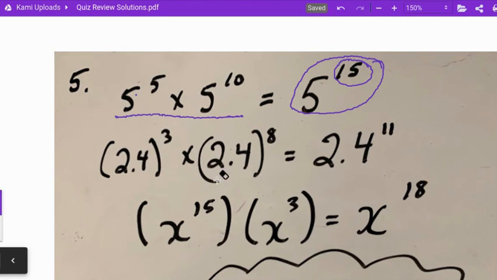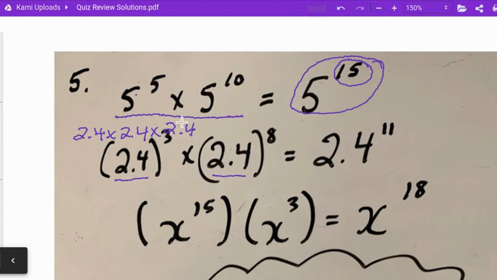The next question is similar, except instead of a nice friendly number like 5 as our base, we have 2.4 as our base. But it doesn't change anything. We still have 2.4 multiplied by itself 3 times right here. 2.4 times 2.4 times 2.4. It doesn't matter what the base is, as long as we're multiplying 2 powers with the same base.